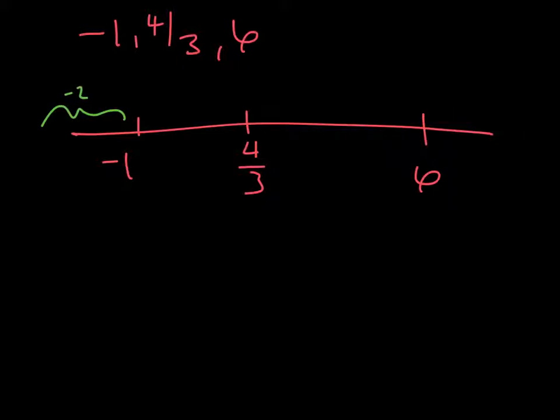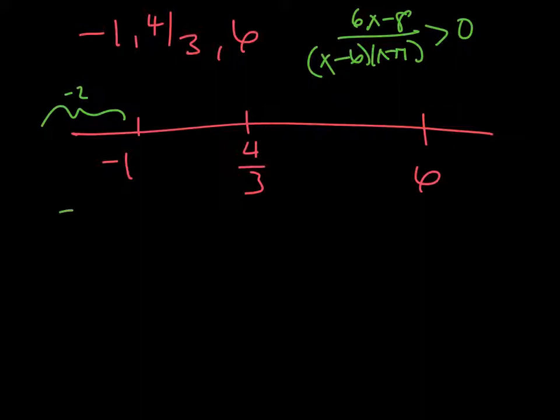If I try -2 into 6x minus 8 over x minus 6, x plus 1, greater than 0, I'm going to get a negative number on top.